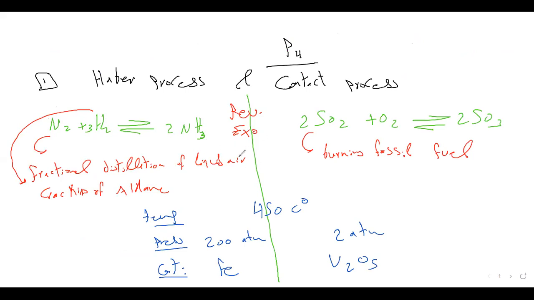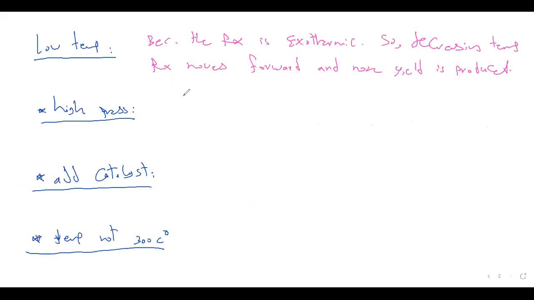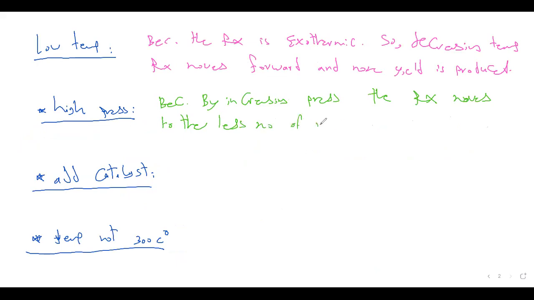So it moves forward and more yield is produced.